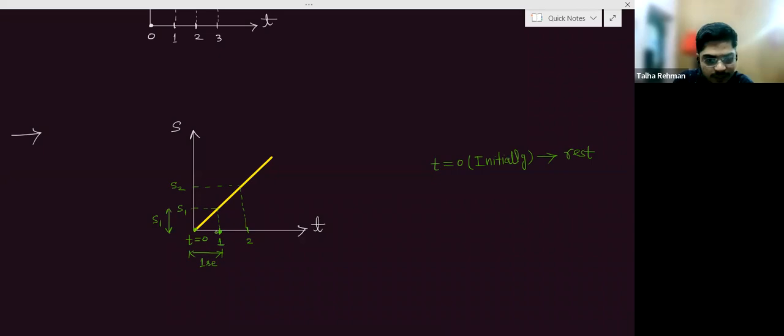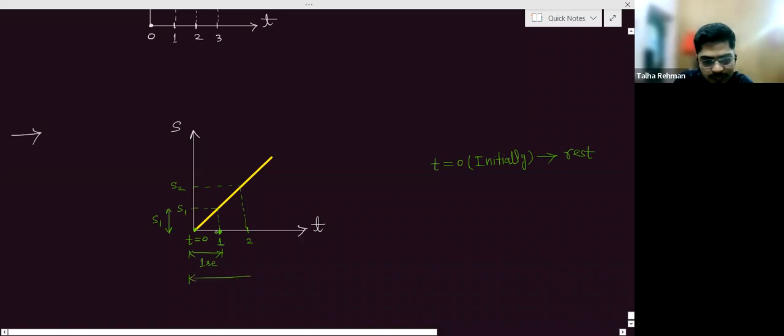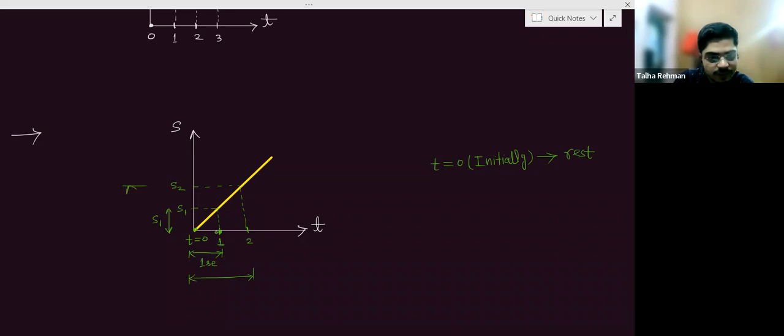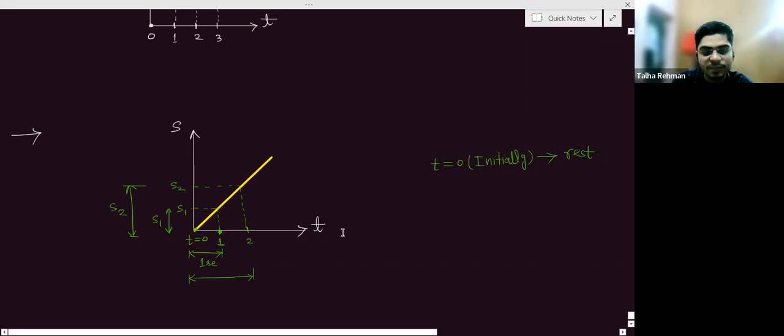For this next time, the body has covered this displacement, s2, and this is 1 second.